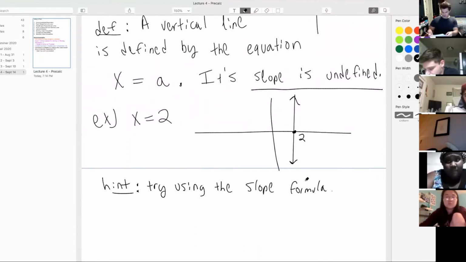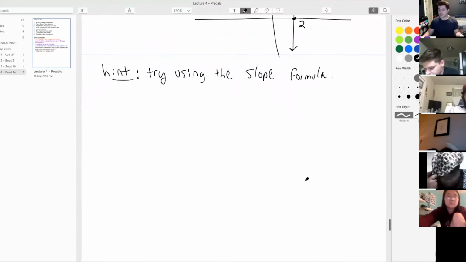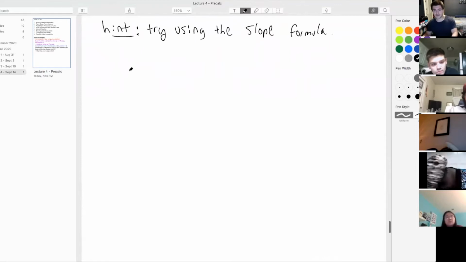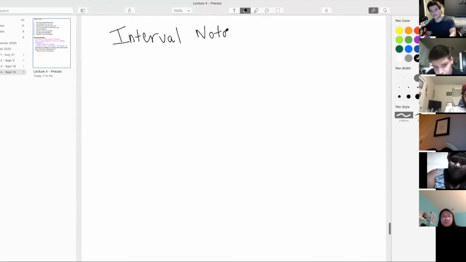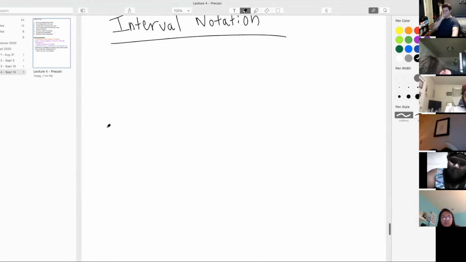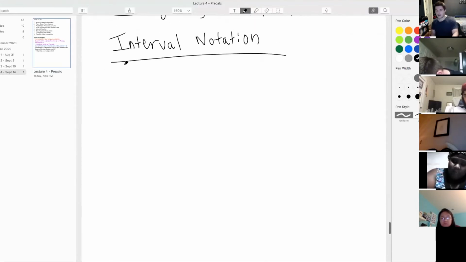All right, so what else? That's it for horizontal and vertical. Now let's talk about interval notation. Just a quick introduction.